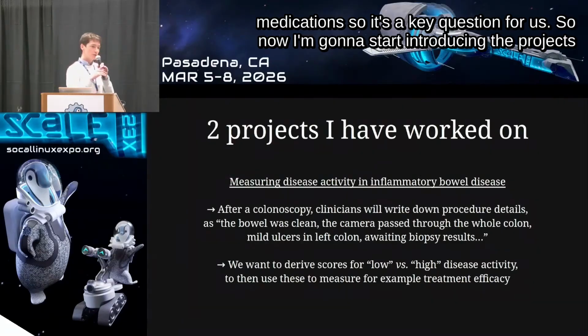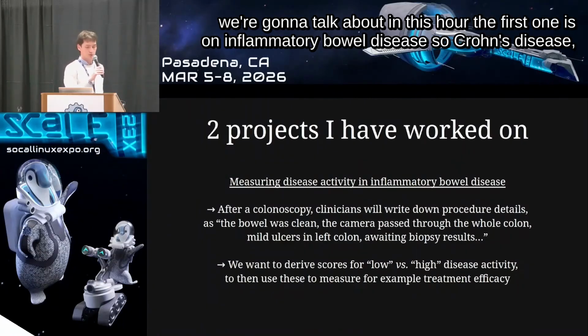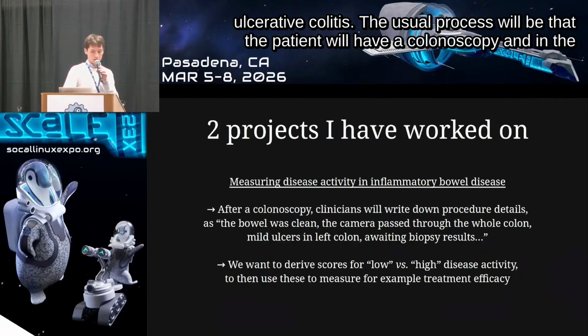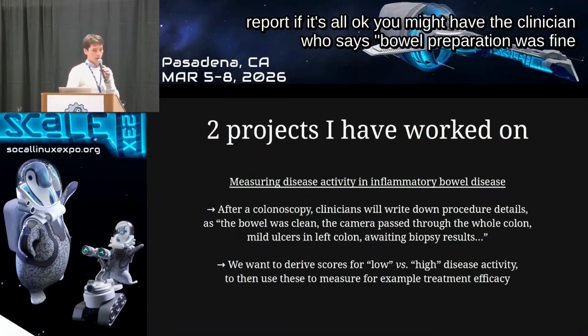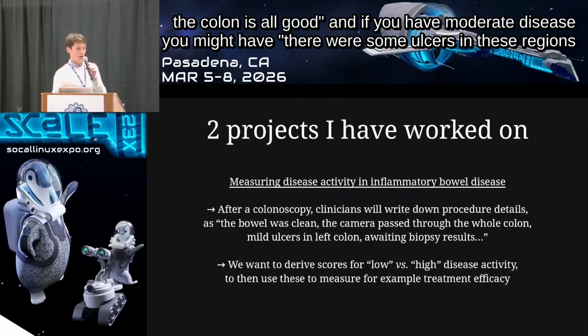So now I'm going to start introducing the projects we're going to talk about in this hour. The first one is on inflammatory bowel disease, so Crohn's disease, ulcerative colitis. The usual process will be that the patient will have a colonoscopy, and in the report, if it's all okay, the clinician might say bowel preparation was fine, the colon is all good.